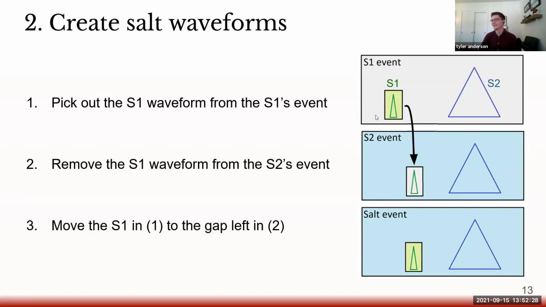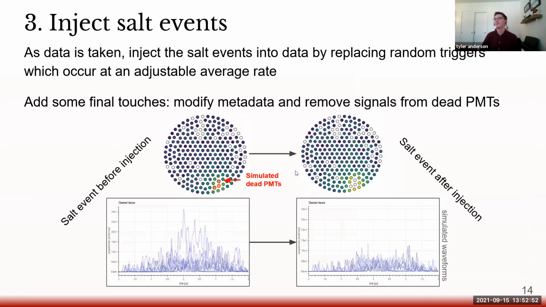This is conceptually pretty simple. You just chop out the S1 part of the waveform from your S1 calibration event and use it to replace the S1 in the S2 calibration event. And what you end up with is a nice waveform that looks like it should be a nuclear recoil or a WIMP. You do that for every salt event you generated, and as data is taken, you start to inject these salt events.